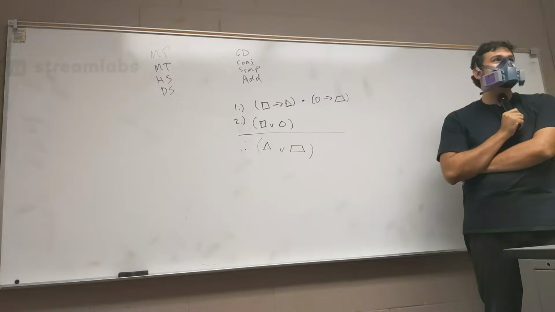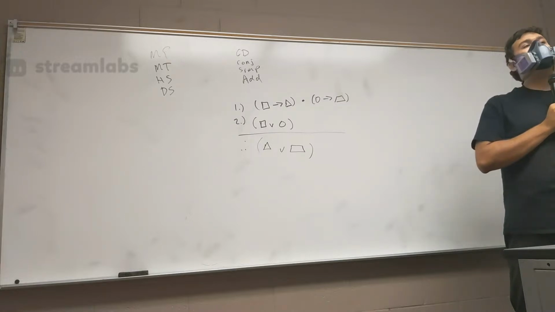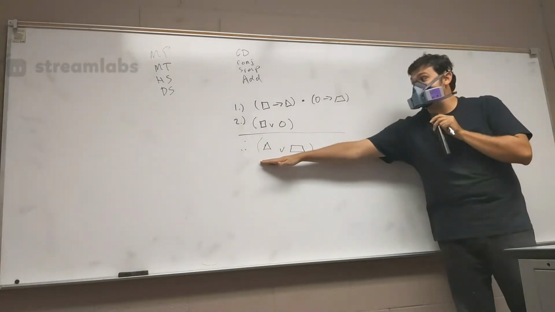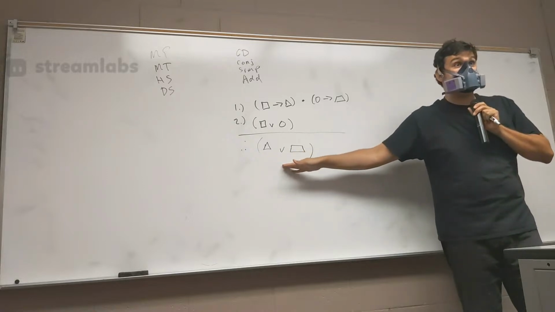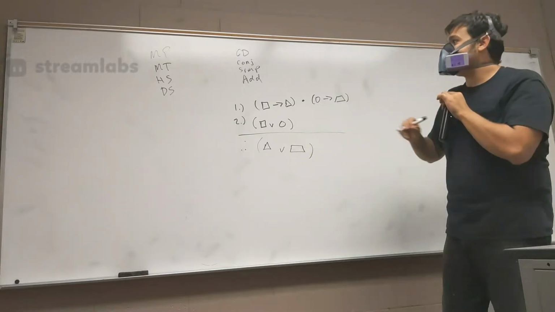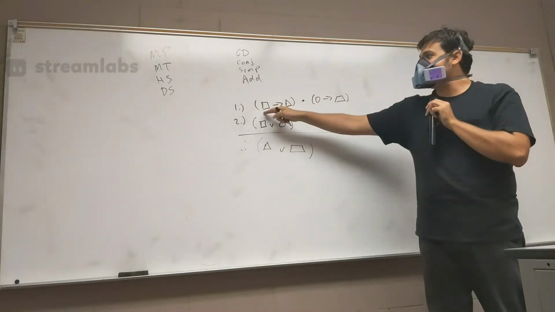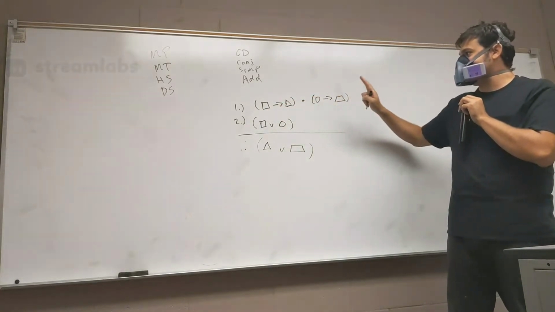So, wait. Is it something like two modus ponens together? That's how the book described it. Yeah, it's like two modus ponens, but it doesn't give you anything definite, right? We're not committed to anything here. So here's how I describe it. Look, you've got these two things are true. Square is sufficient for triangle, circle is sufficient for trapezoid.